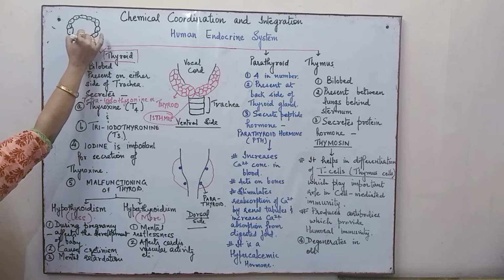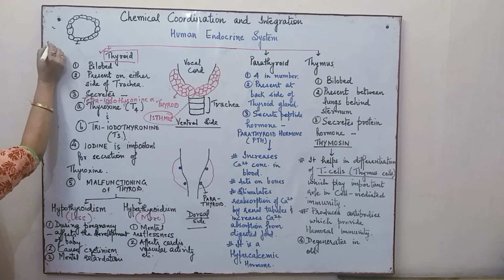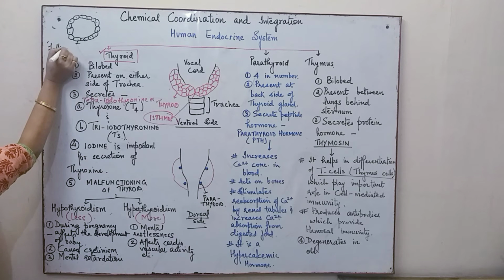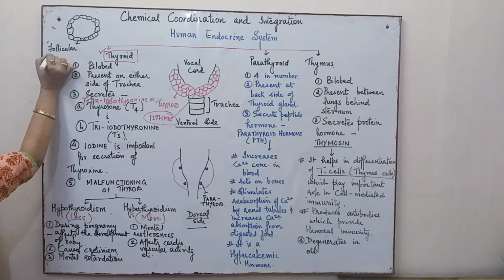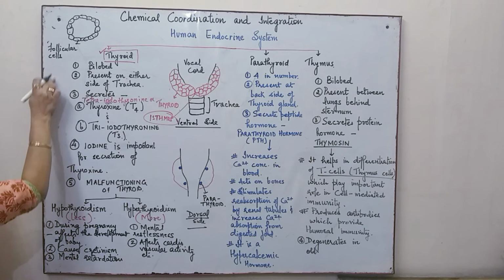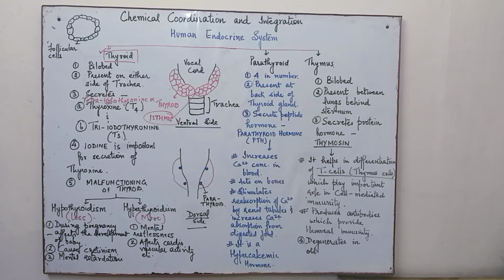So these are the follicular cells, and these follicular cells secrete these hormones. Both the hormones are very important in regulating the metabolism as well as the growth of the body of an organism.